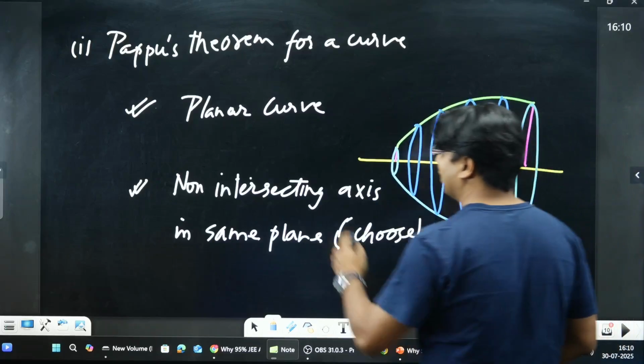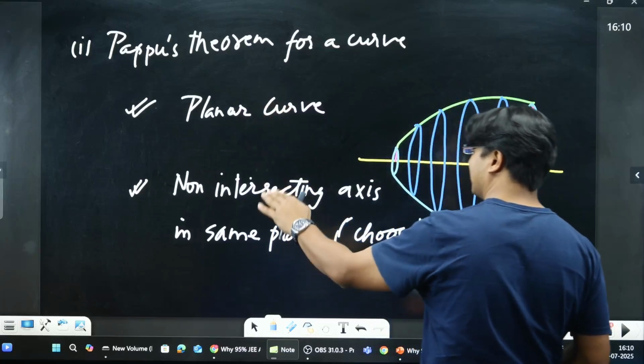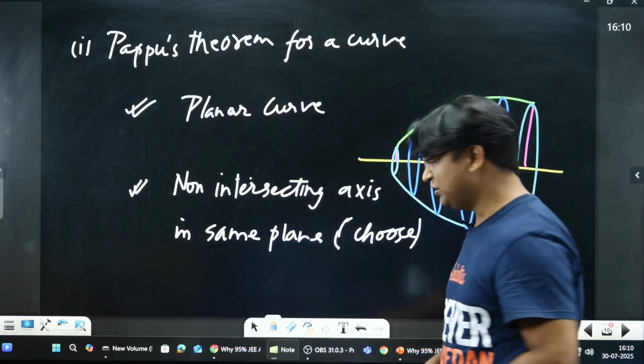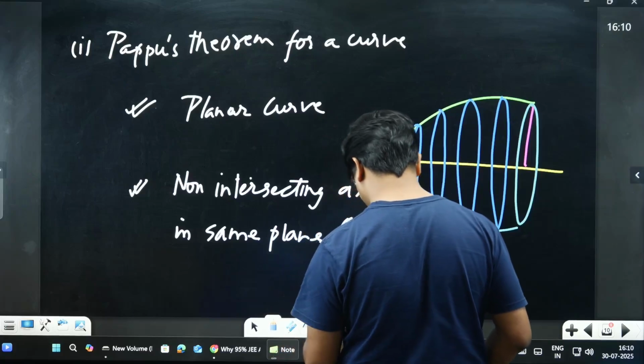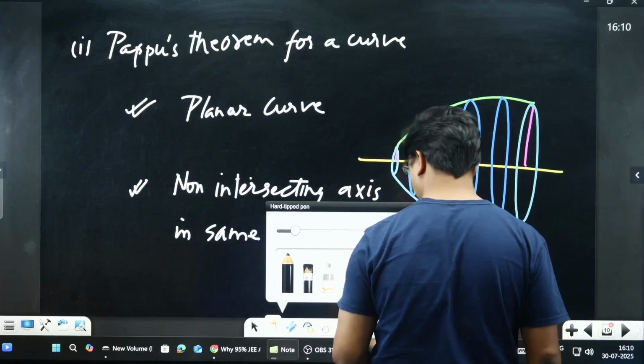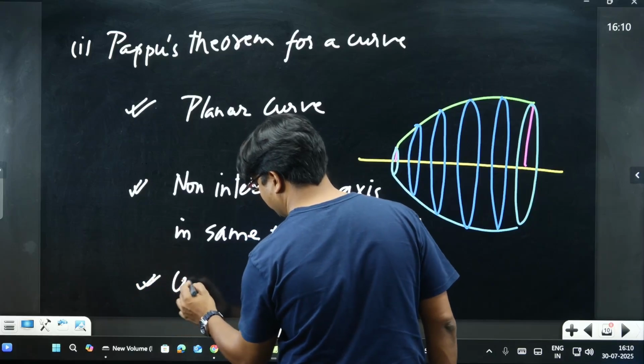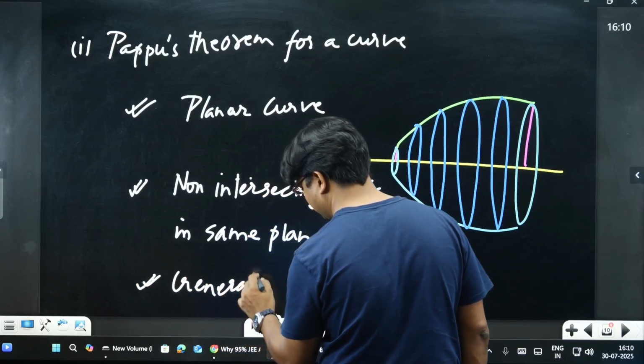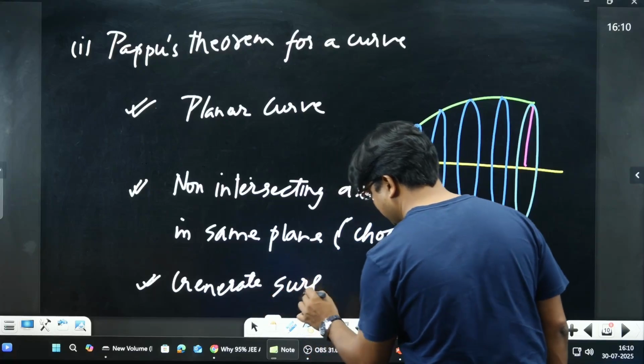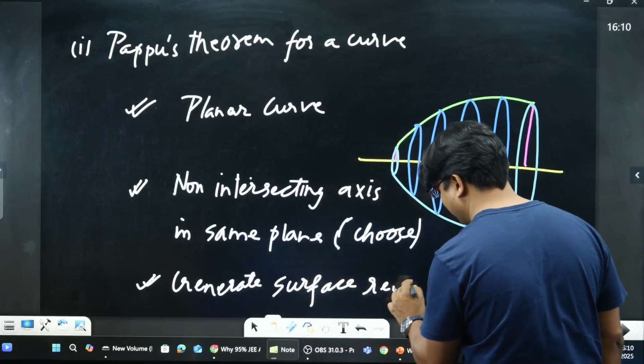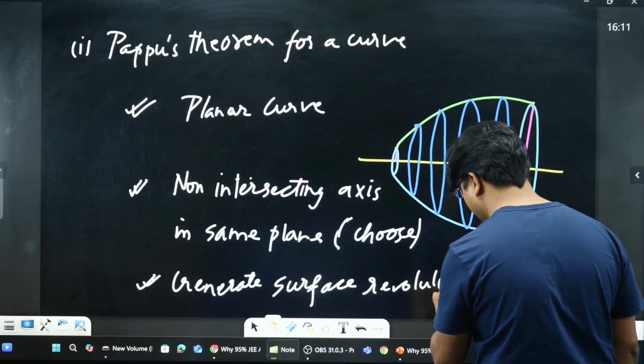So it involves a planar curve, it involves a non-intersecting axis. Then you have to generate the surface of revolution. Now what does this theorem say?